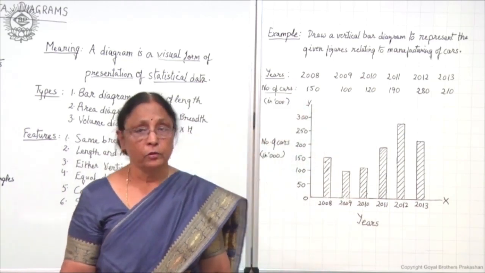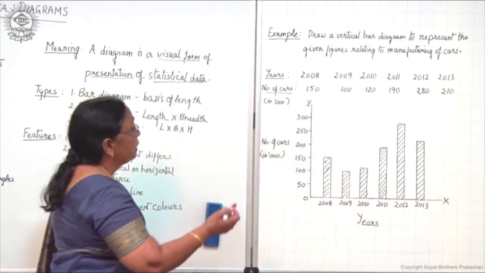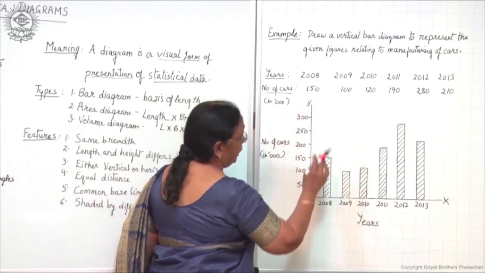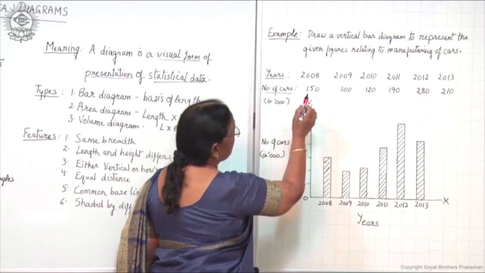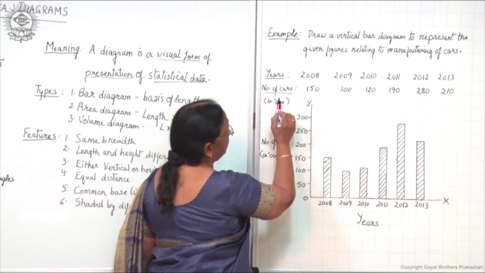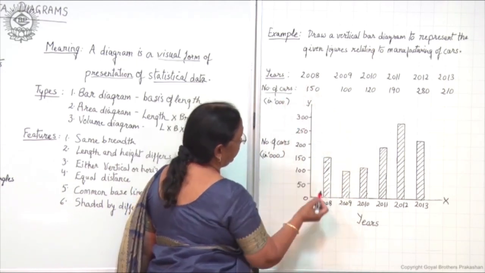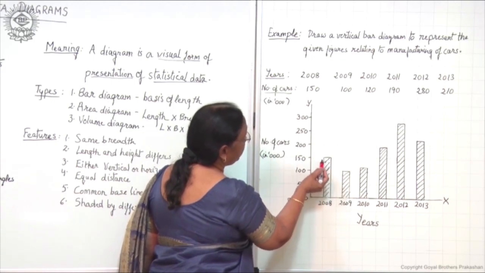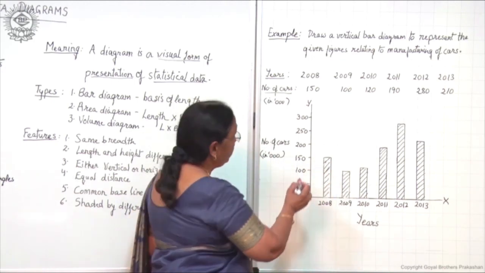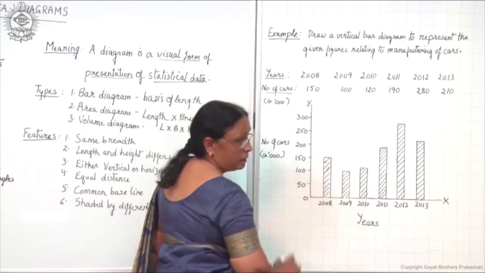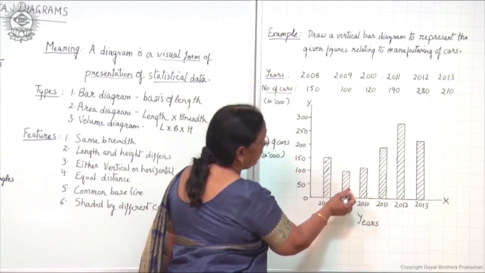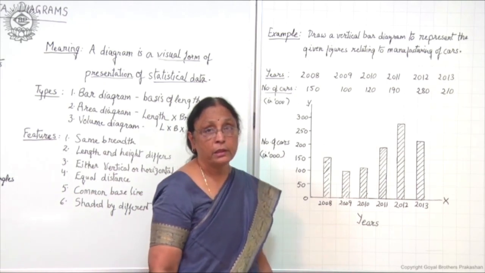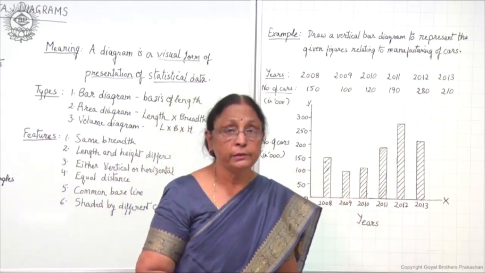Now the next step is, you just read the data and accordingly draw the length of bars. For example, 2008, number of cars are 150. So, draw a line till 150 and make a bar like this. Second is 100, again draw a line and make a rectangle like this. All rectangles are known as bars here.